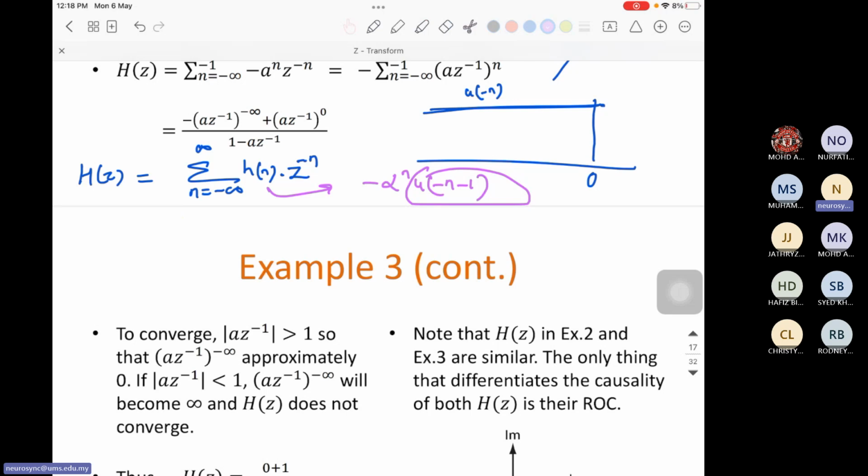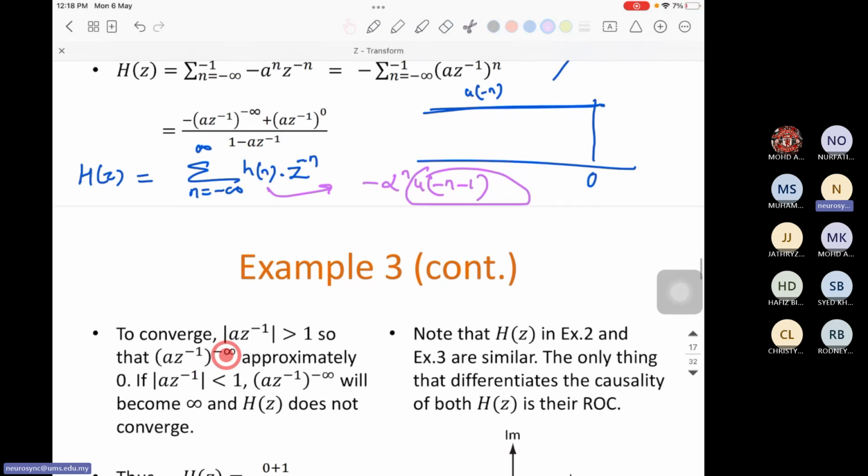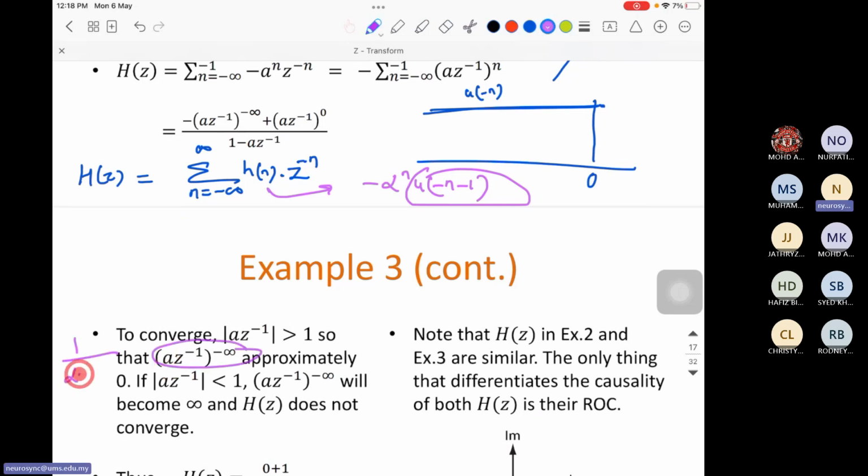If the magnitude of alpha z to the power minus 1 is greater than 1, then in that case the numerator's first term to the power minus infinity will be 0. This to the power minus infinity means 1 by alpha z to the power minus 1 to the power infinity.